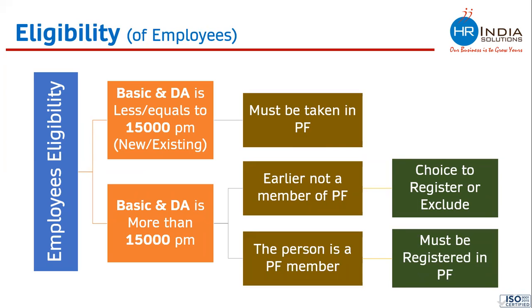Employer is free to take that person under PF and free to exclude that person from Provident Fund. But if the person's salary is more than 15,000 per month and he was a member of PF earlier, then there is no choice. The employer or the company has to take that person under Provident Fund.